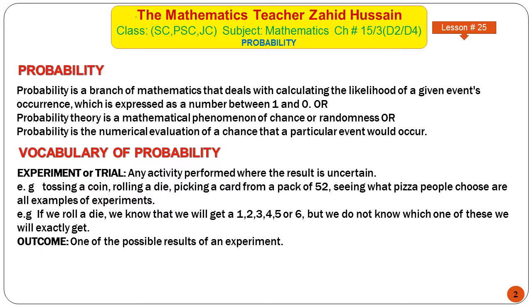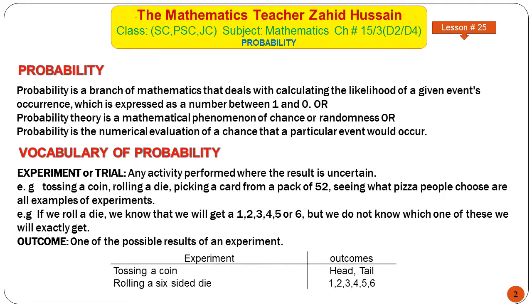There may be one or more than one outcome. Tossing a coin is an experiment, and the outcomes may be head or tail. If you roll a six-sided die, the outcomes of this experiment will be 1, 2, 3, 4, 5 or 6.